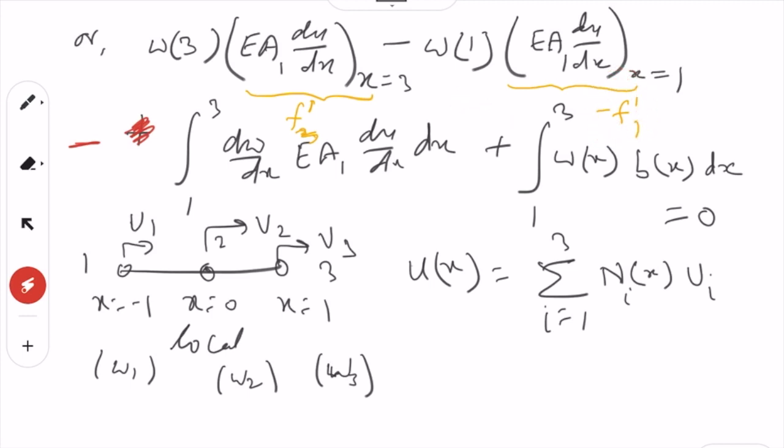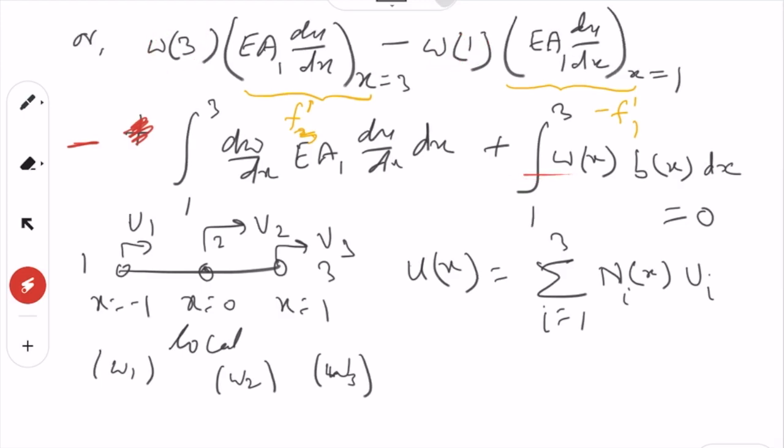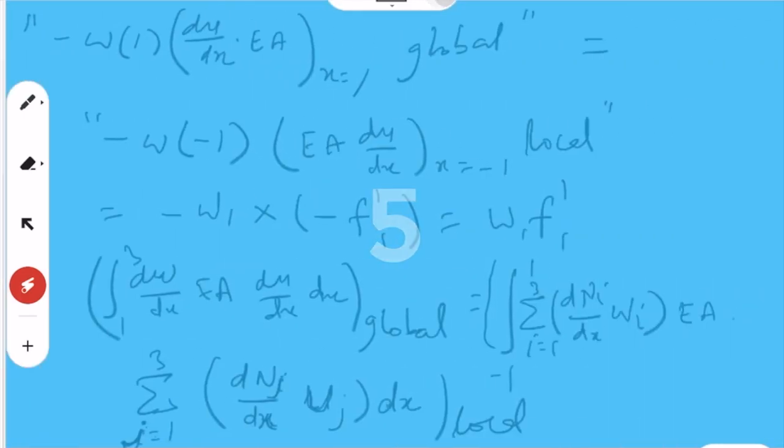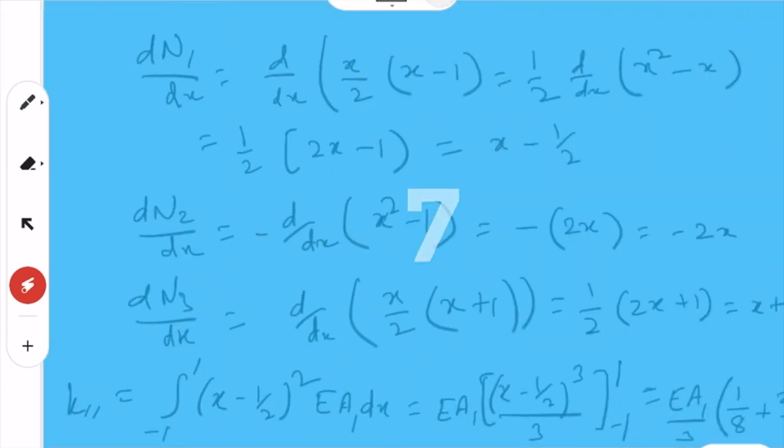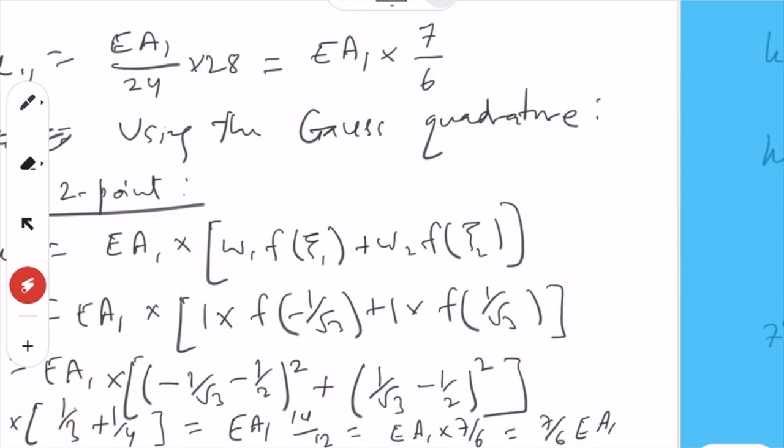Here F11 will go to the first row. So the first row will go this way, the second and third rows will go this way, and the remaining FB1, FB2, all those things will be coming from here. Then W1, W2, W3 will be common in all of them. So the final equation will look something like this.